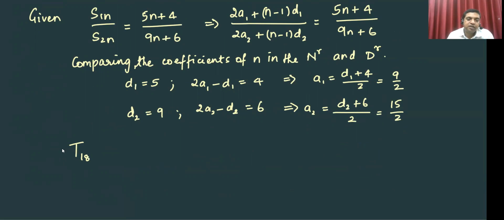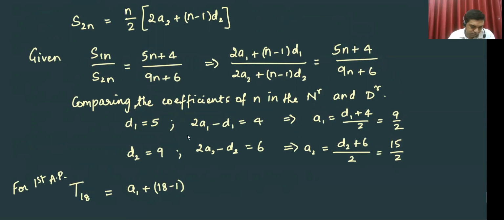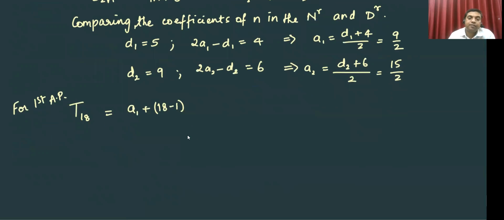For the first AP, the 18th term is a1 plus 18 minus 1 times d1.